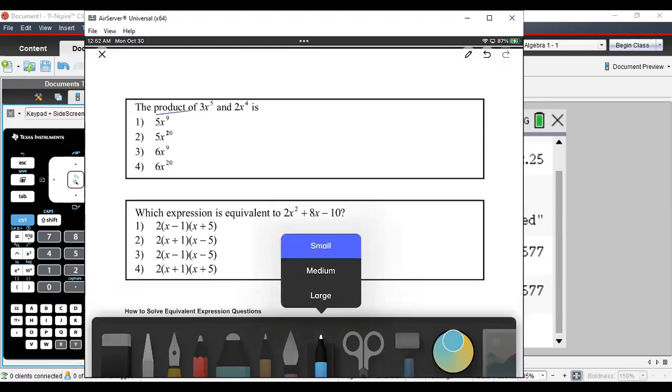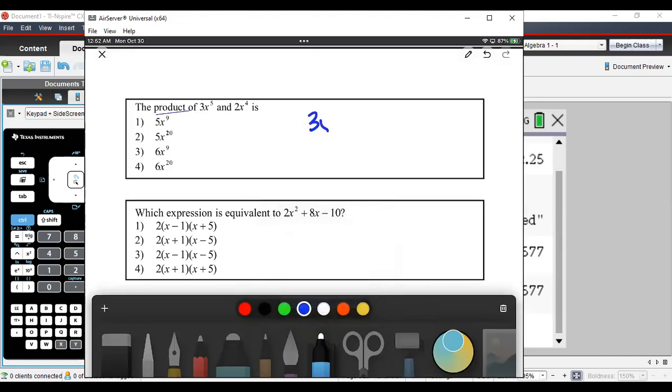So I'm going to take the coefficients and multiply them, and then keep the base the same and just add the exponents. So it's going to be 5 plus 4, which is 9. So I'm looking for 6x to the 9th. It's right there. I'm good.